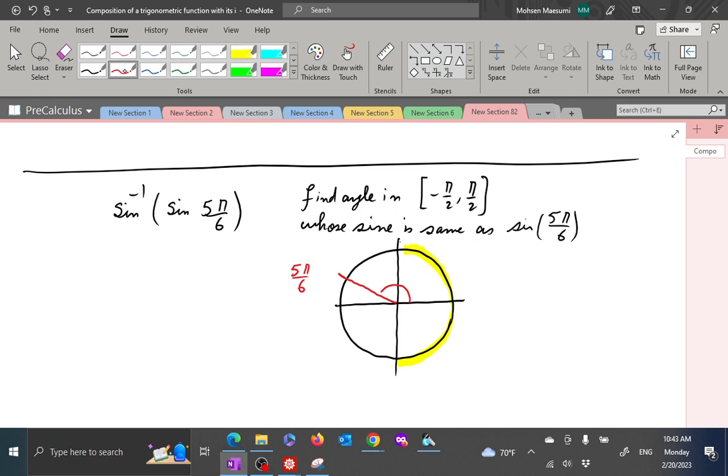How do you measure the sine? We drop a perpendicular to the vertical axis. This is our sine axis, really. So which one of these angles has the same sine? Well, continue going to the other side. This is what you're looking for.